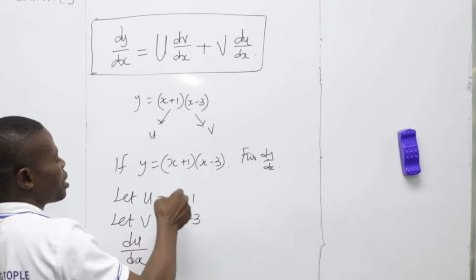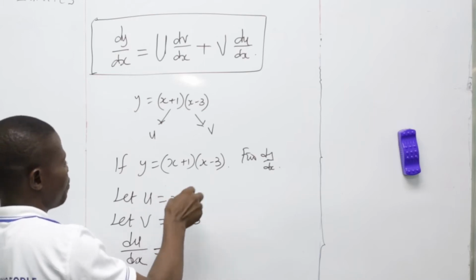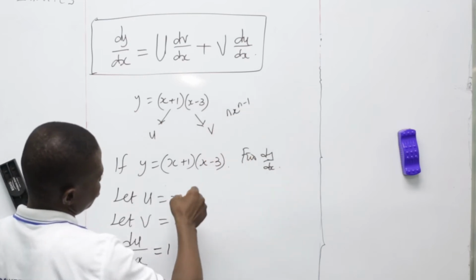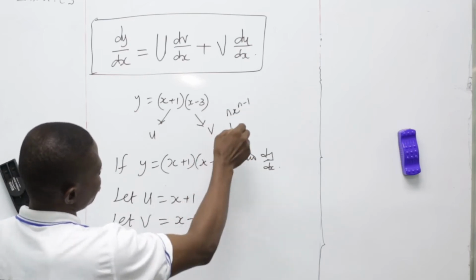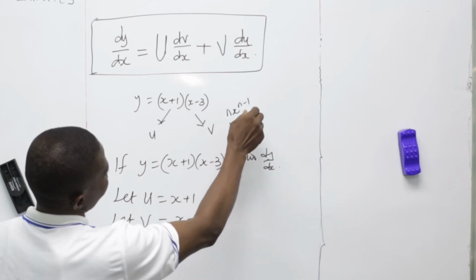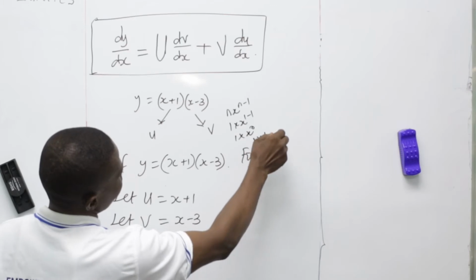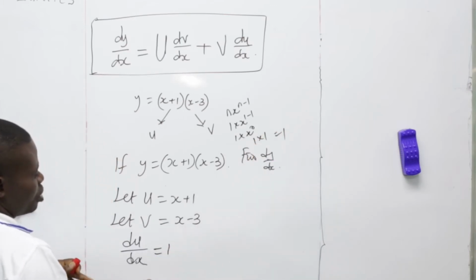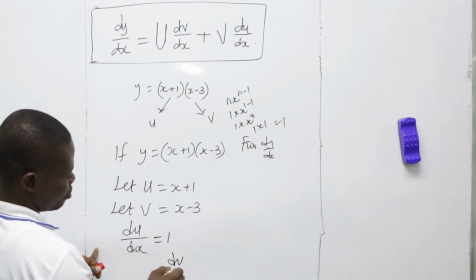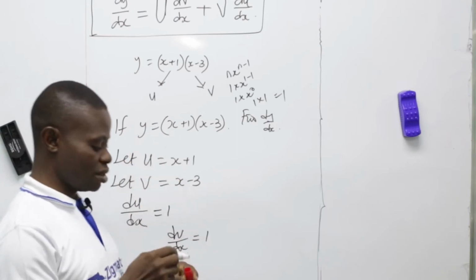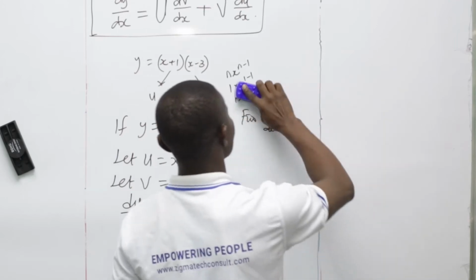From our general knowledge of differentiation, n x^(n-1), the power here is 1, times x^(1-1), 1 times x power 0, 1 times 1, which is 1. You can see it. So dv/dx is also 1. The next thing you do is to substitute.